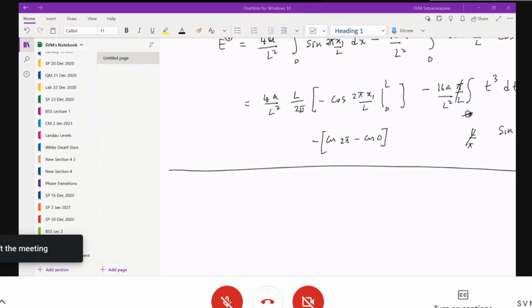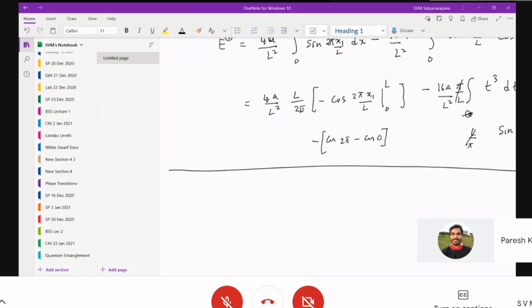Hello, sir. Yes, Asha. Sir, can I ask a simple question on tensors? Yeah. Okay, sir. The question is: let Vi be the ith component of a vector field V, which has zero divergence.